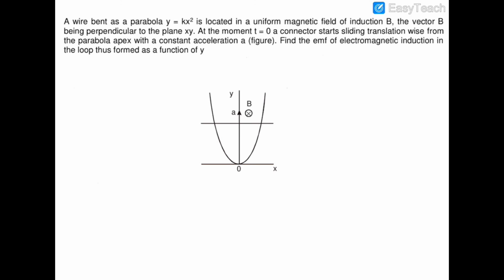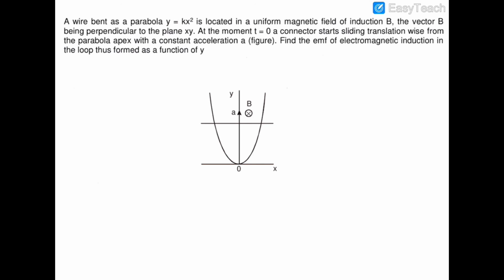In this question, there is a wire arrangement in the form of a parabola, you can see, whose equation is given by y is equal to kx square. This complete wire arrangement is located in a magnetic field which is pointing inside the plane of the arrangement, and at the moment t is equal to 0, a straight rod which started from this point is moving with a constant acceleration a.